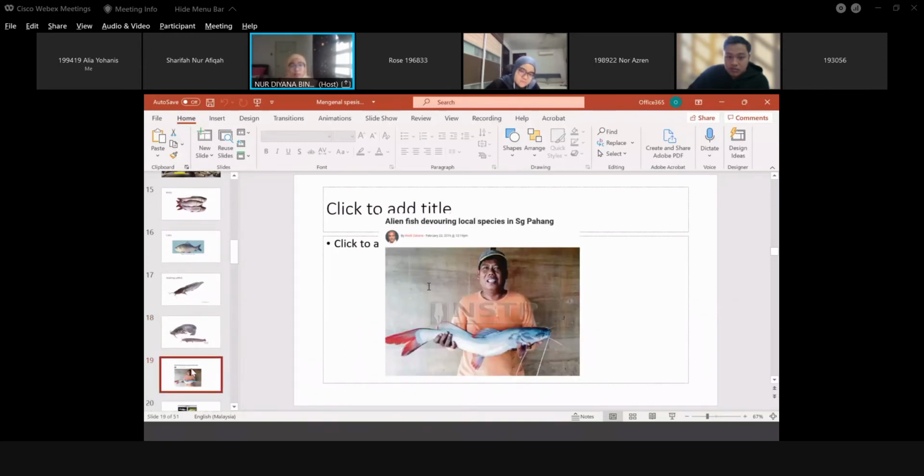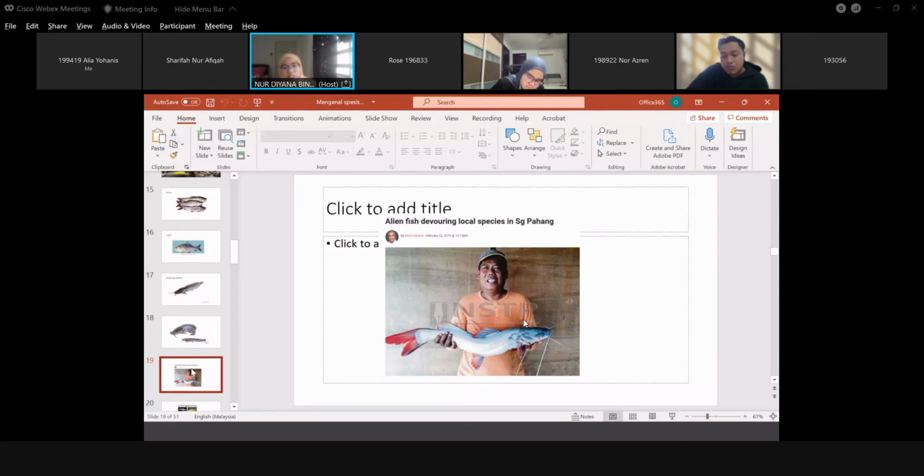So this is an excerpt from a newspaper. It says alien fish devouring local species in Sungai Pahang. What happens is that when we culture fish that is not native to our species, they escape from the nets and so on, or people release them into the rivers.